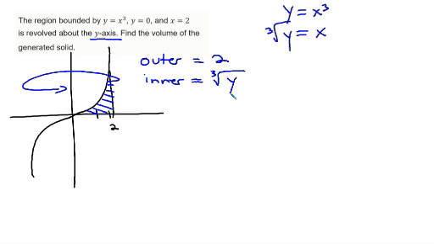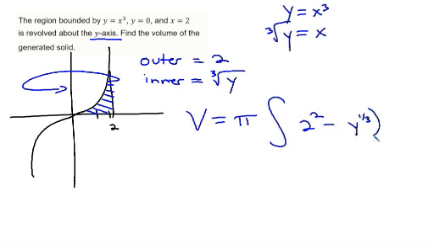All right, so my setup is pi times my integral of, we'll come back to the limits in a second, the outer radius squared minus the inner radius squared, that's y to the 1/3 squared dy.